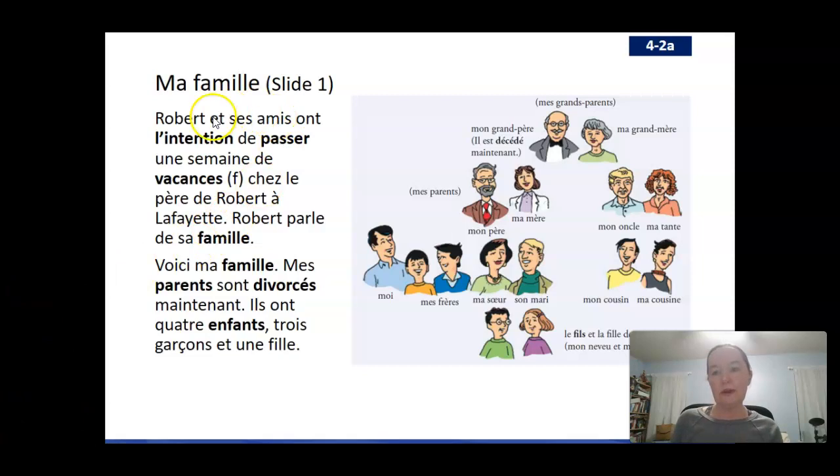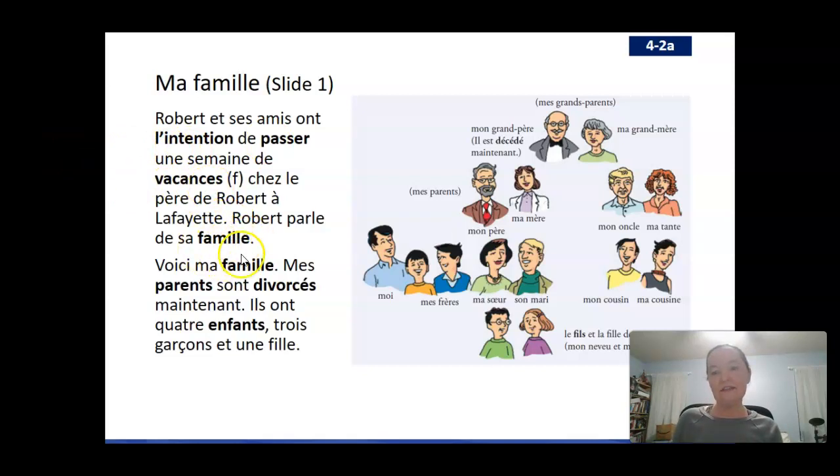Okay, so in the first paragraph, I've highlighted the word l'intention, and that probably looks a whole lot like intention to you. And the other word that looked familiar to me as an English speaker is passer, which might be to pass or to spend time doing something. Vacances, of course, that looks just like vacation.